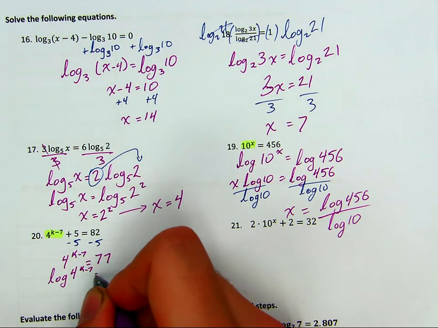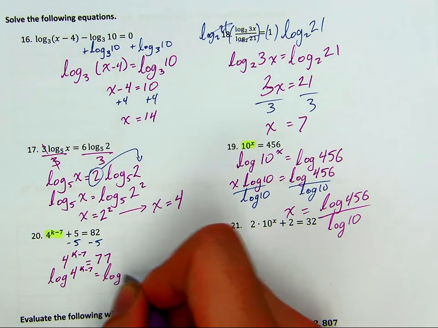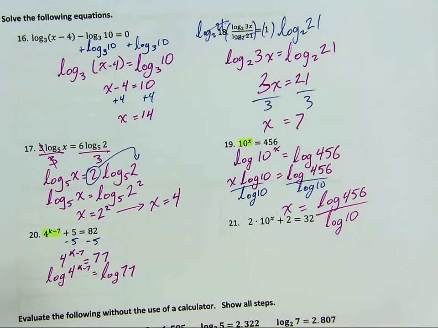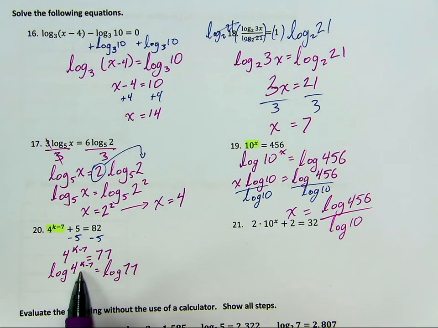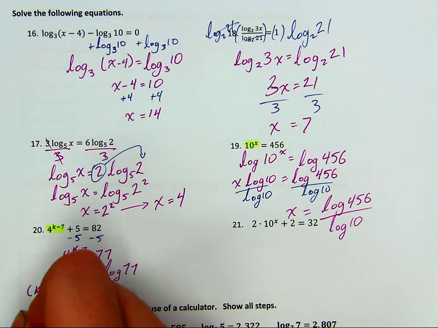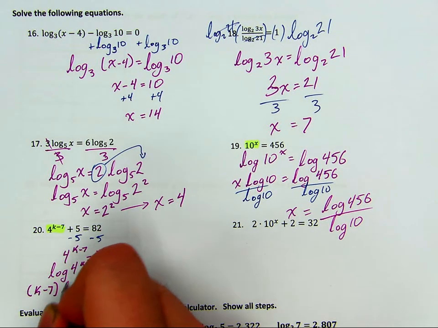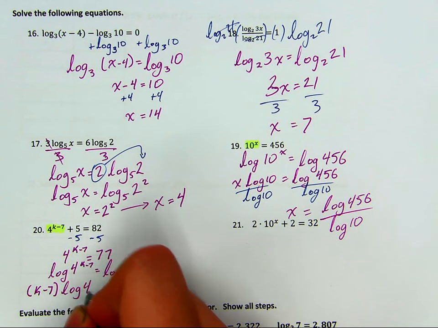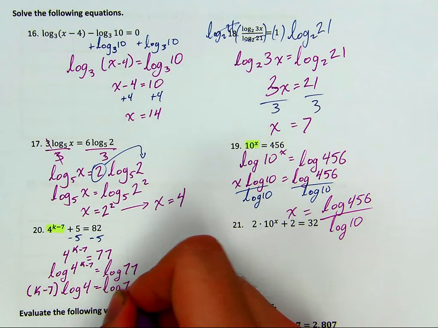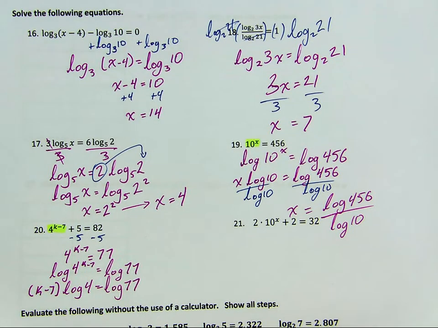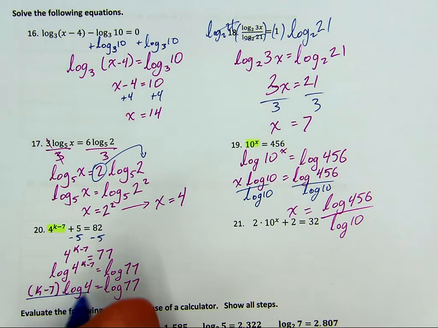Now, solving for k. This k is in the exponent, so what we have to do is use our power rule to move that out into the front of the logarithm. We get k minus 7 times log of 4 equals log of 77. So continuing to solve for k, we have to divide both of these sides by this log 4, so we can get rid of that on the left. Divide both sides by log of 4.